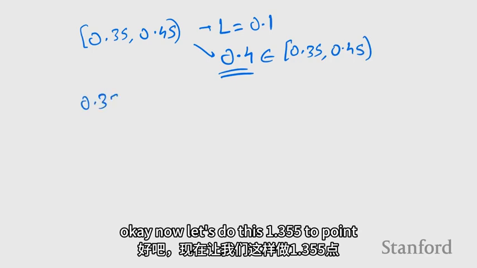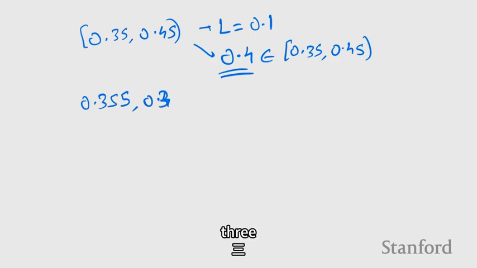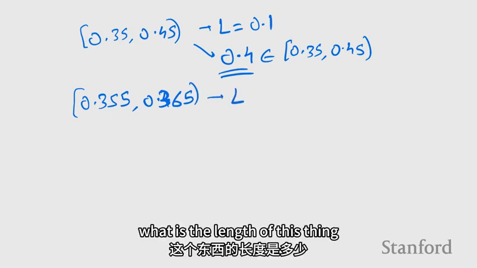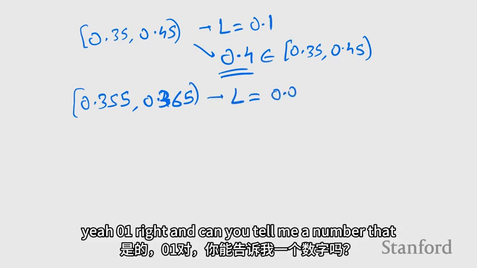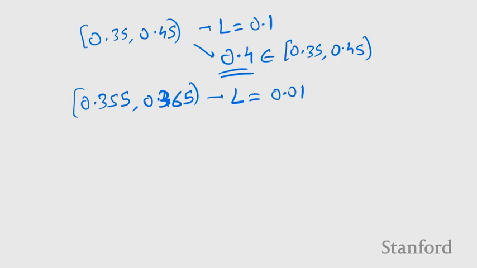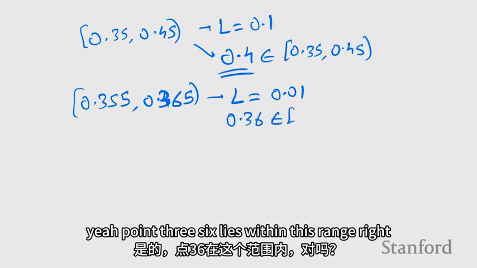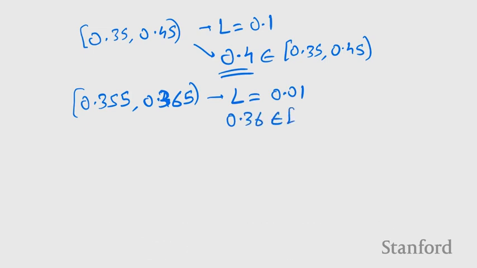Now let's do this one, 0.355 to 0.365. What is the length of this? Yeah, 0.01, right? And can you tell me a number that lies within this range? Yeah, 0.36 lies within this range.